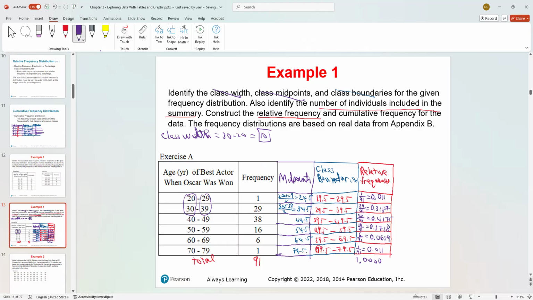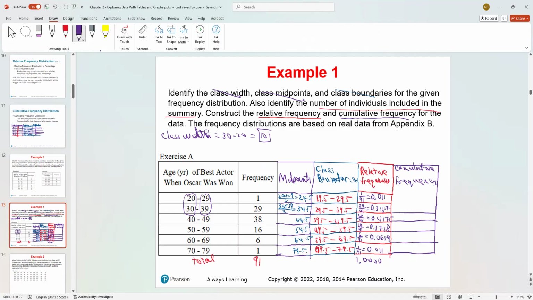Now, the last one is the cumulative frequency that I told you about. We continue with the table like this.